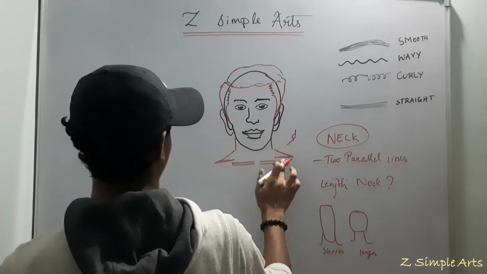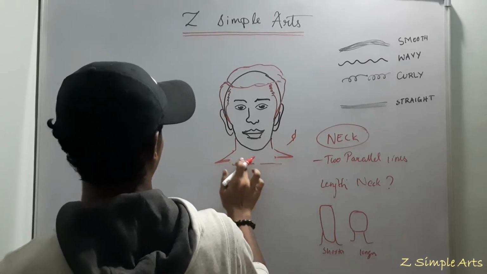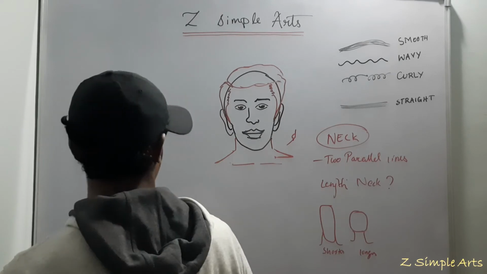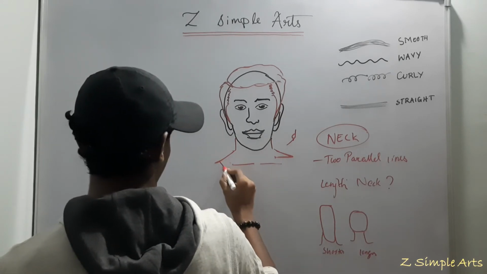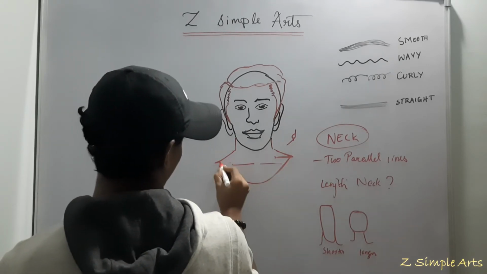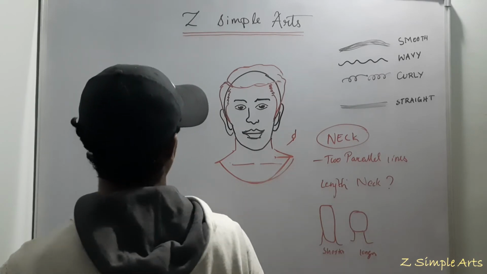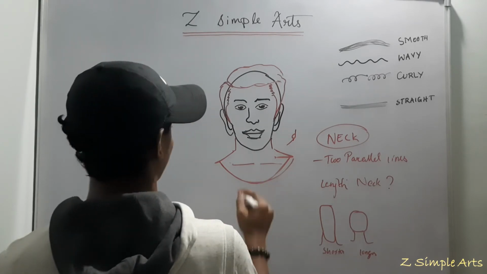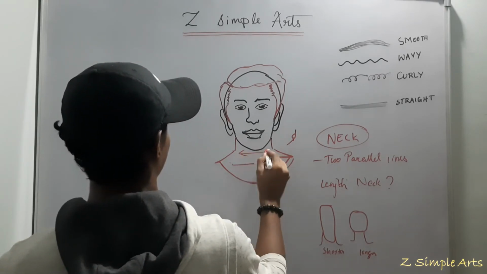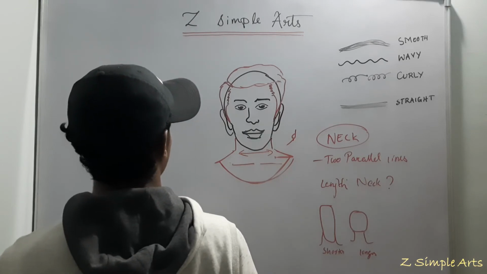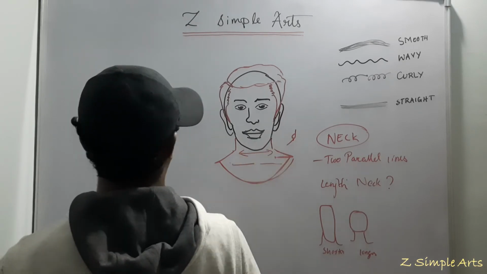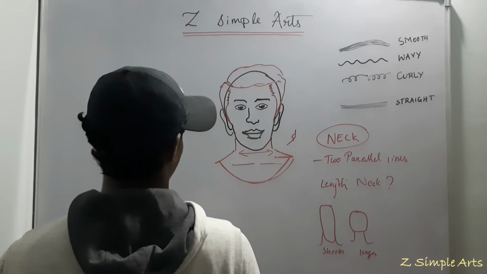Erase the upper lines of the rectangles. And that's how you draw the neck. Two parallel lines and two triangles which form this neck.